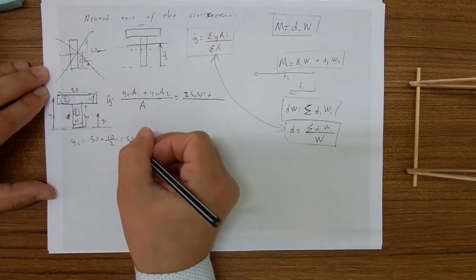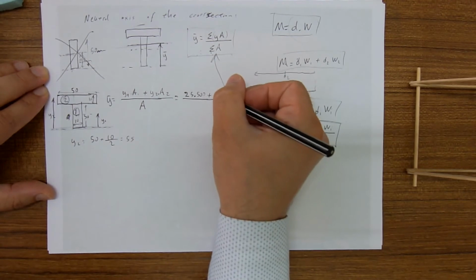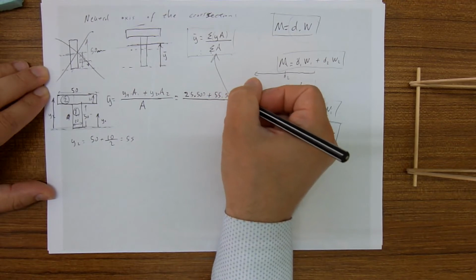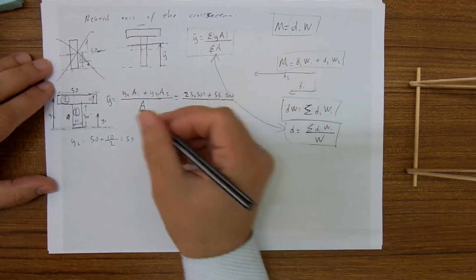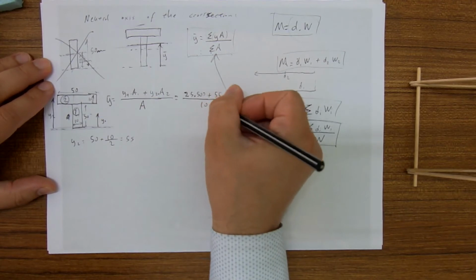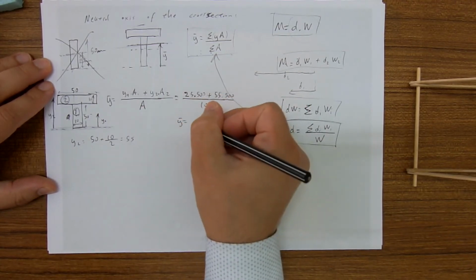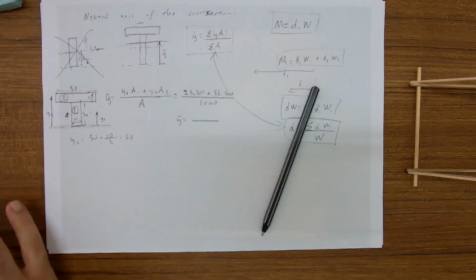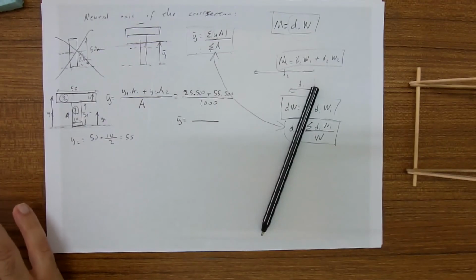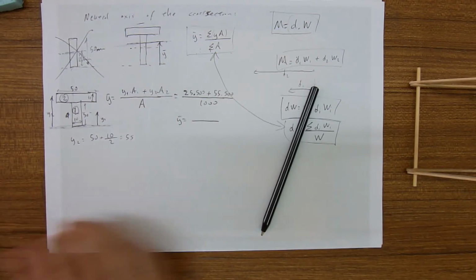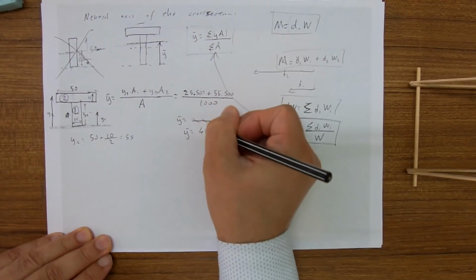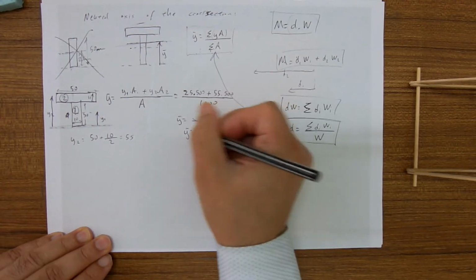So it is equal to 55, right? 55 for y2 times a2, which is 500, and divided by the whole area, which is 1000. So from here, let me calculate it, 25 times 500 plus 55 times 500 divided by 1000, so it is 40. Y bar is equal to 40 millimeters.